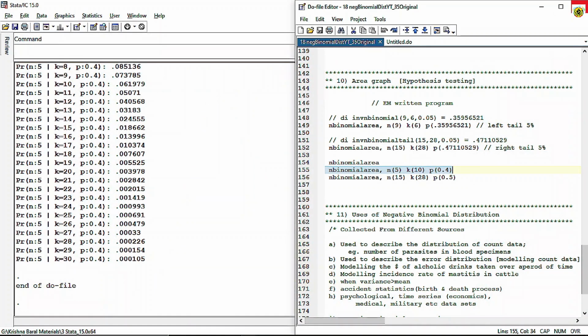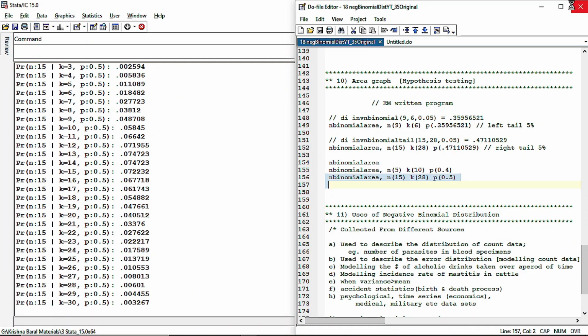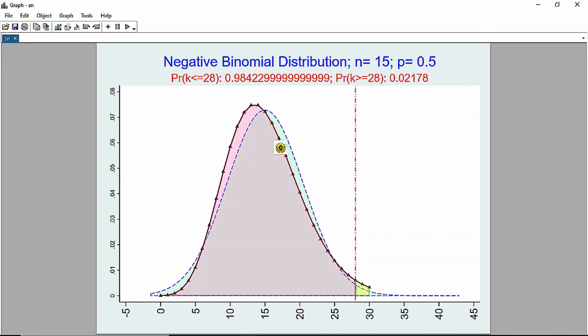Now let us see another example where the nth success is 15 and k failures is 28 and probability of success is 50%. The graph nearly coincides with the normal distribution, and this region completely belongs to this null. So for less than or equal to, we fail to reject the null, and for greater than or equal to 28, this portion is only 2%.